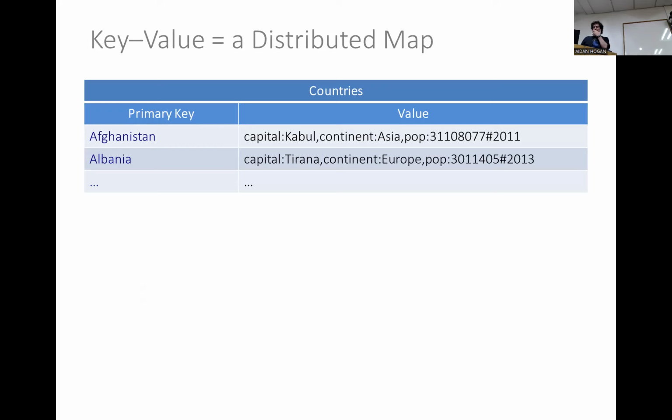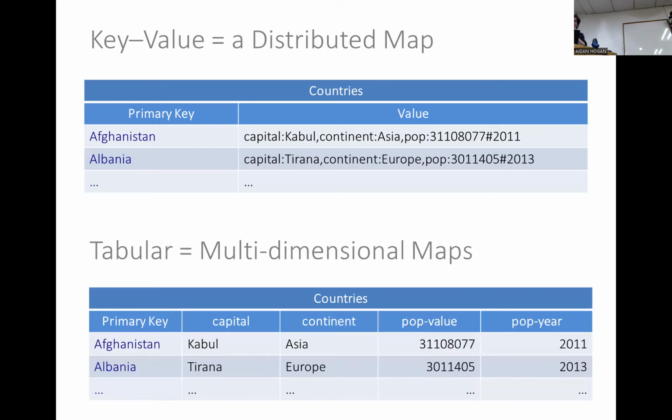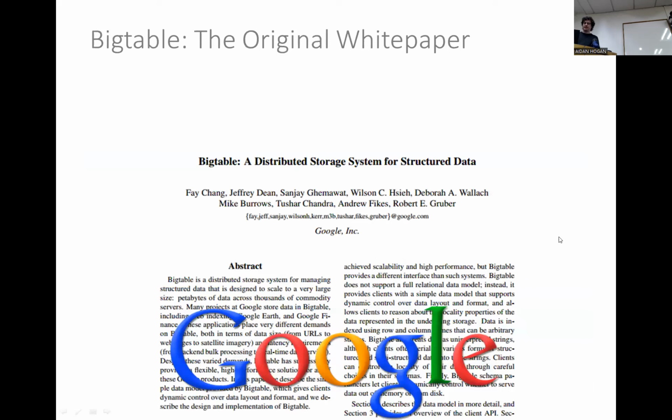A key value store is a distributed map, and essentially a tabular store is a generalization of that, where we're going to have multi-dimensional values in our maps. So we're going to structure our values just a little bit in order to have multiple dimensions that we can reference. So now we see that we can explicitly represent not just a simple value, but we can have tuples that have attributes or columns that we can reference.